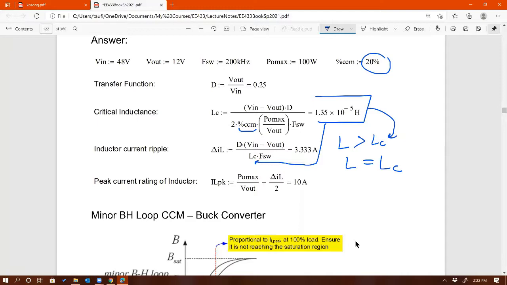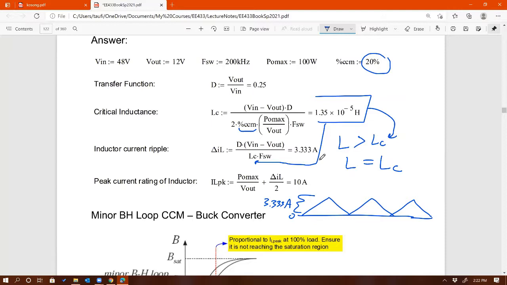So what that means is that at boundary conduction mode, delta IL right there is 3.33 amps. That's what it means. Because again, we calculate delta IL on the critical value, right? That's BCM, isn't it?